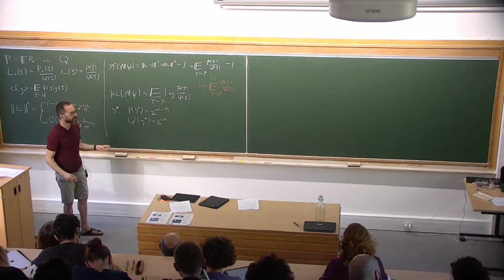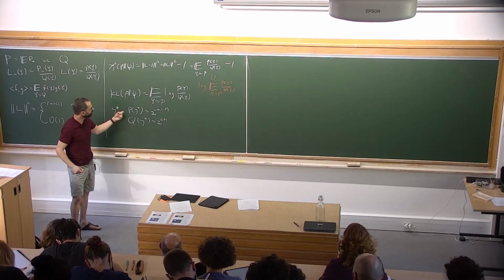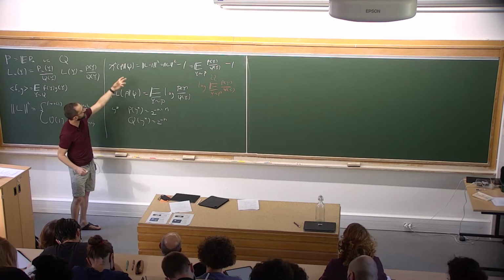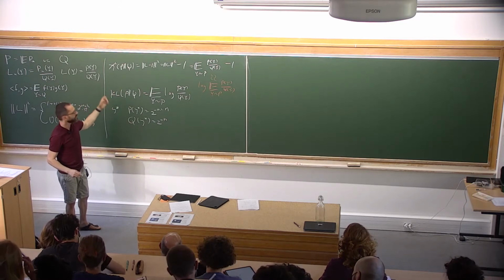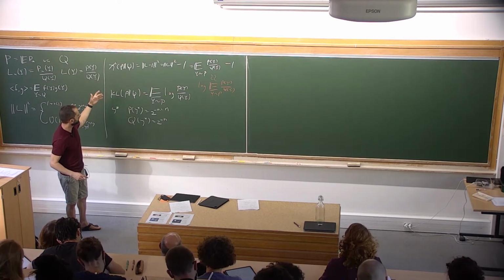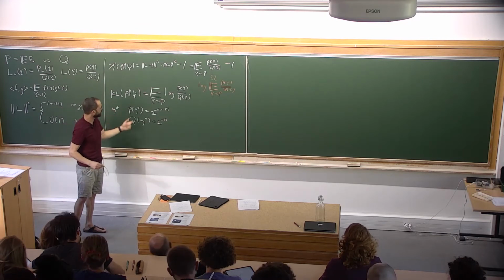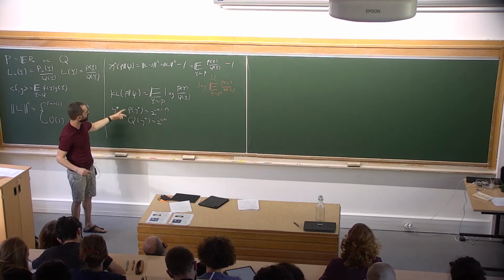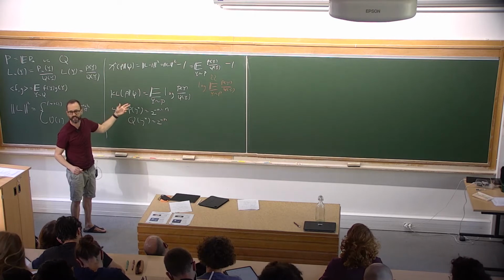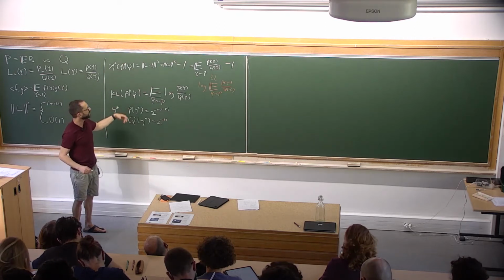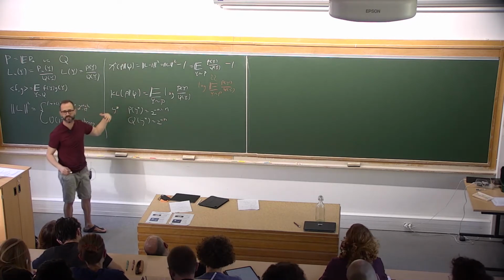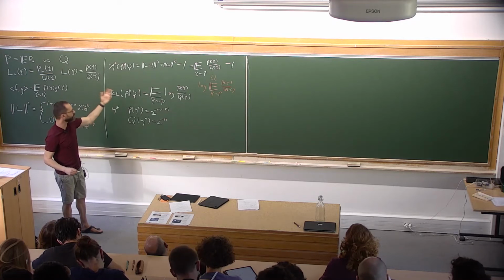So in this case, if we look at the chi-squared divergence, the likelihood ratio is 2 to the 0.9n, and if you square that, that is 2 to the 1.8n.